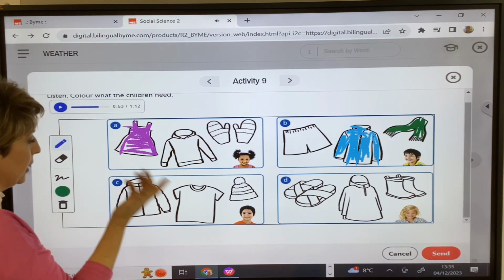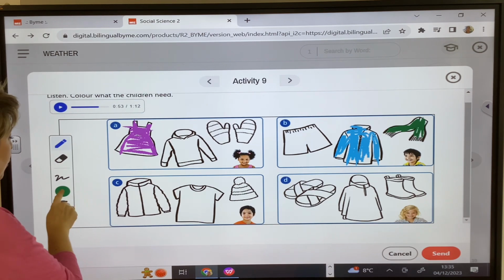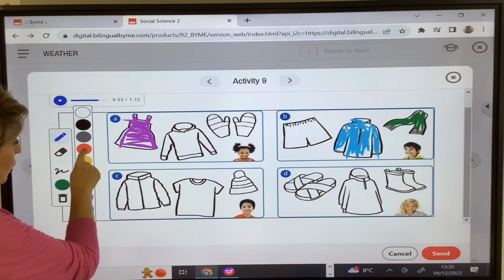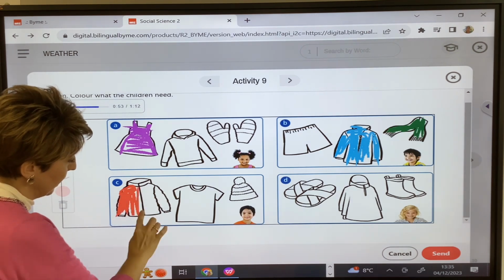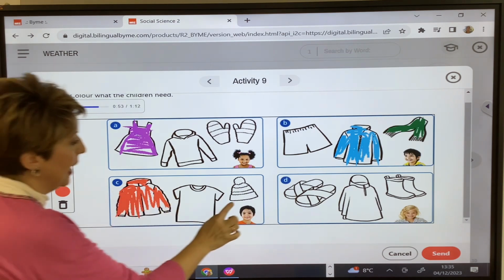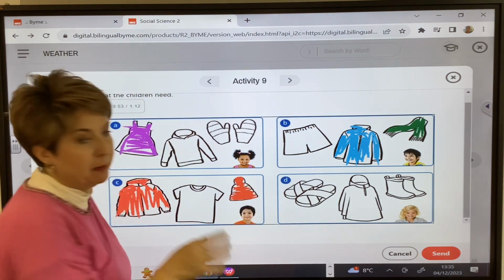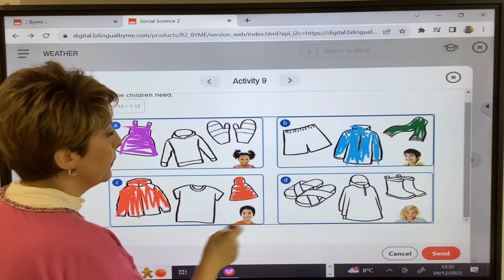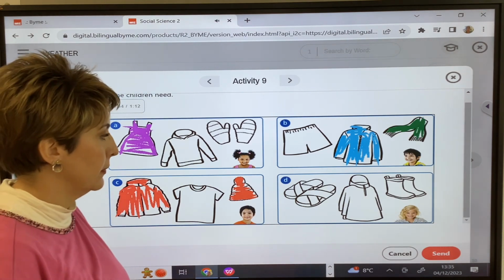D. Okay, so if it's snowy, will you wear a t-shirt? No, you usually wear a coat or an anorak. A coat, you can say. And you can also wear a hat. Sorry about the coloring, but I'm doing this quickly, okay? What about D?